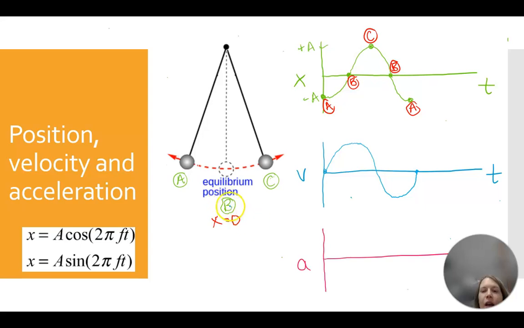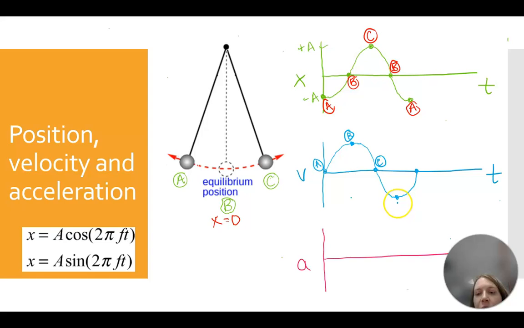I'd like you to draw this in your notes if you haven't already, and we'll look at the different endpoints. We've got it started here, where it's at rest at the endpoint. It's moved through the equilibrium position, its maximum velocity, and then it's at the other endpoint at rest again, and then it's going the other direction.